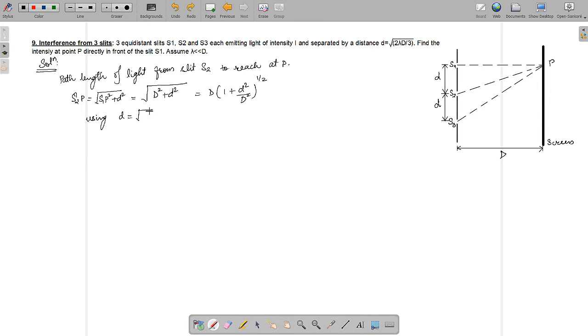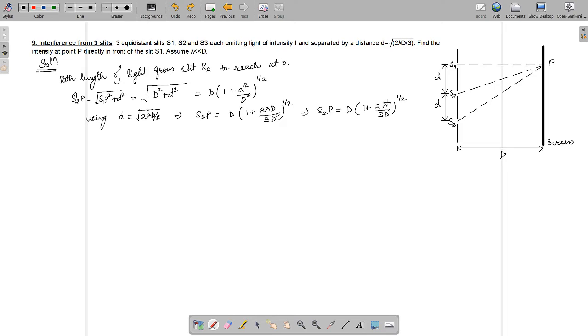Now, using small d equal to root over 2 lambda D by 3, we get that S2P will be equal to D into 1 plus 2 lambda D by 3D squared, whole to the power 1 by 2, which implies S2P is D into 1 plus 2 lambda by 3D, whole to the power 1 by 2.